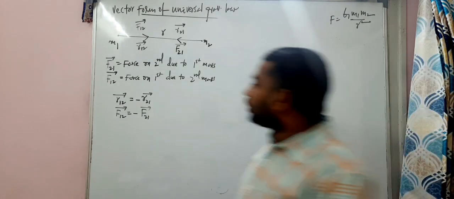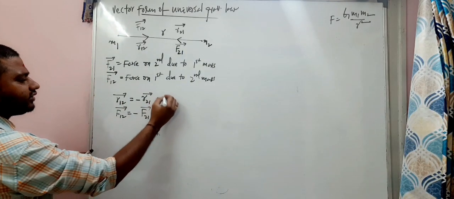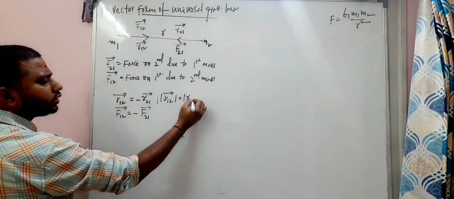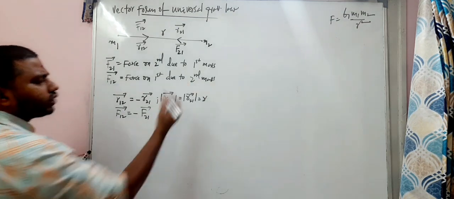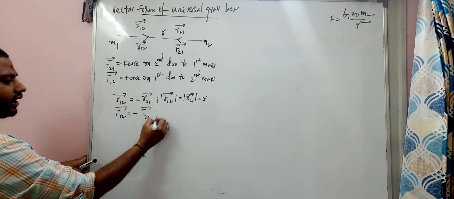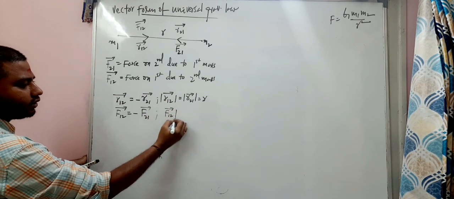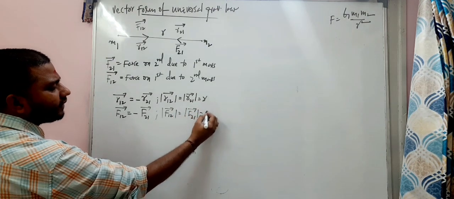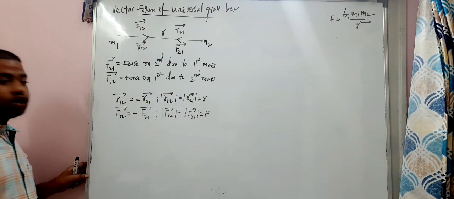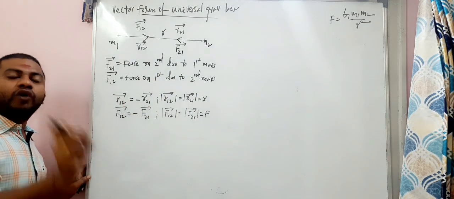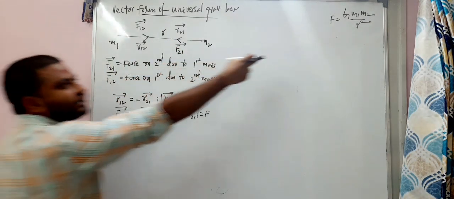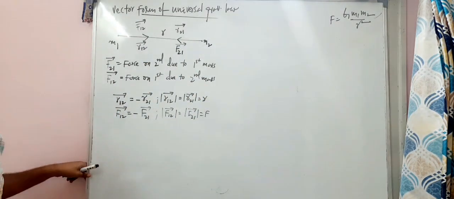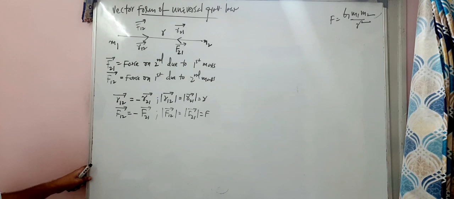Magnitudes are same: R12 bar magnitude equals R21 bar magnitude equals R, and F12 bar magnitude equals F21 bar magnitude equals F. This F is just the force of attraction between two masses, which you already know. Clear everyone? Now we are going to write the vector form.